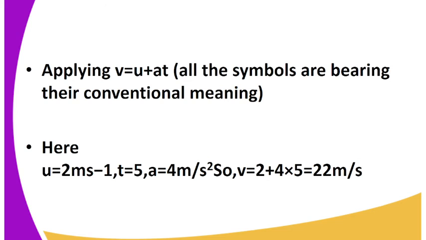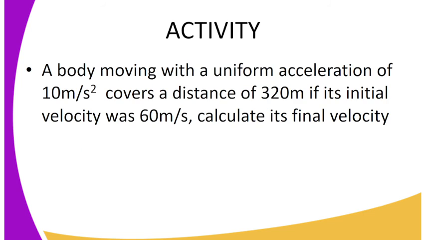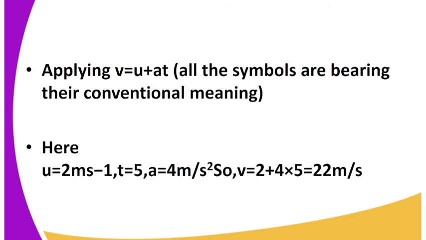Therefore, u = 2 meters per second, t = 5 seconds, a = 4 meters per second squared. So we have v = 2 + 4 times 5, which will give us 22 meters per second.